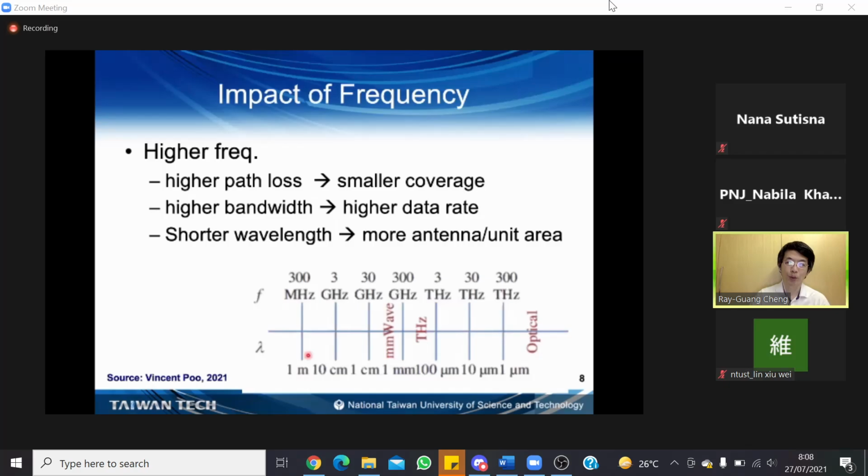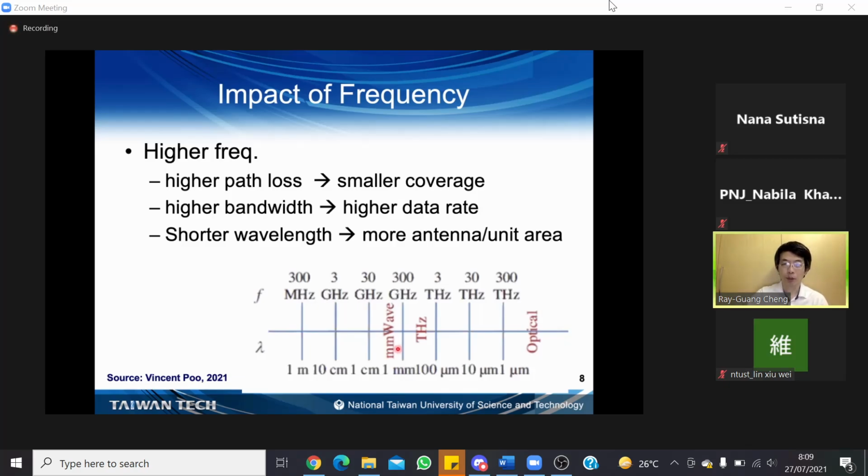When you move to 3 gigahertz, the lambda drops to 10 centimeters. So when you reach 30 gigahertz, it's 1 centimeter. So for all frequencies, when they move up to more than 30 gigahertz, the wavelength is at the millimeter wave order.